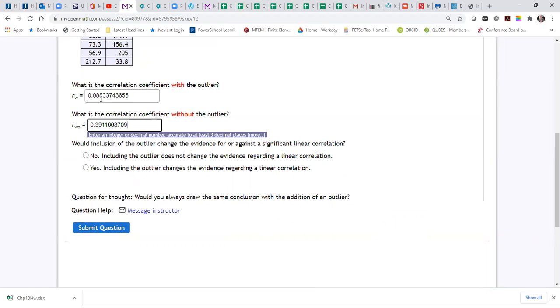For this number, we consider this a weak correlation, right? Weak positive correlation. Also, this one is weak. This one is close to 0.1 or close to 0, right? But this one is close to 0.4, like close to the median. I think the answer is yes, right?